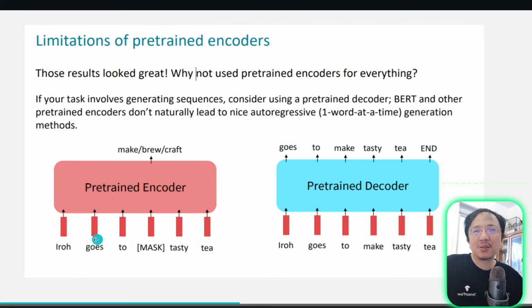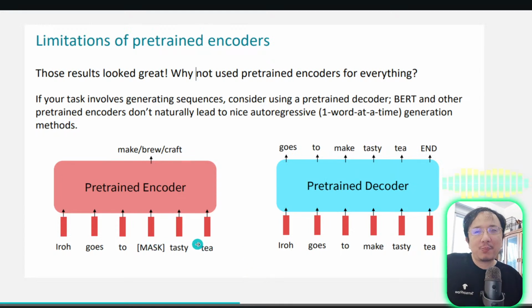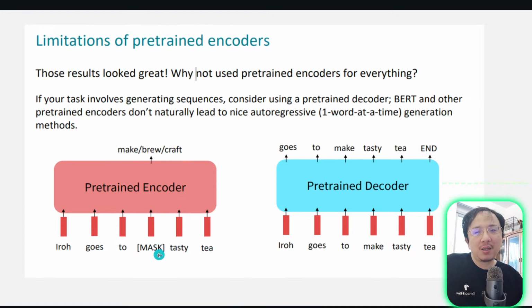One way is to mark the last three as masks altogether and predict them at once. But it may not generate good results because it is a very difficult task and you have to do it in one run, while the decoder has the chance to do it in multiple runs. So it makes it even more difficult.